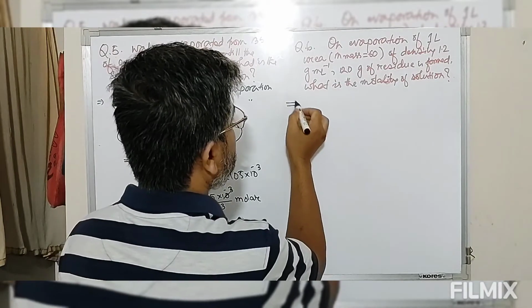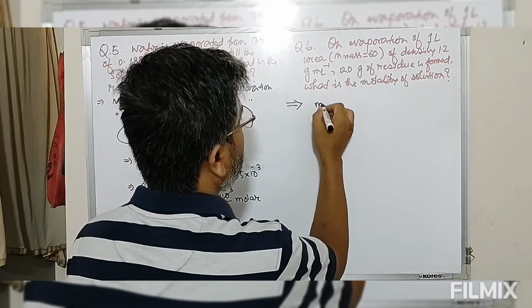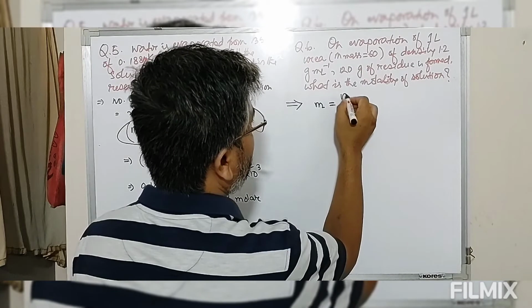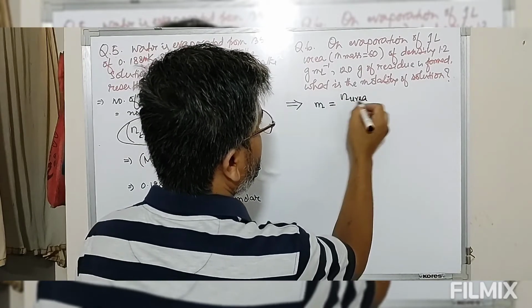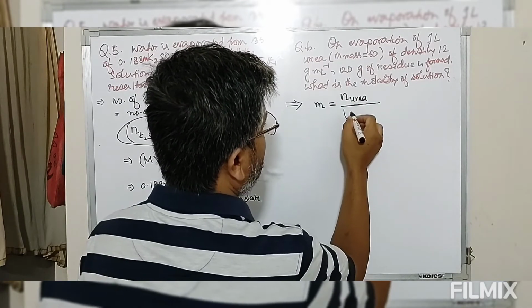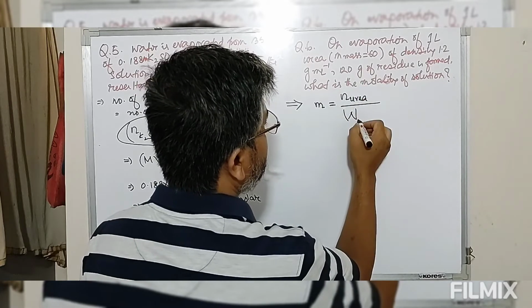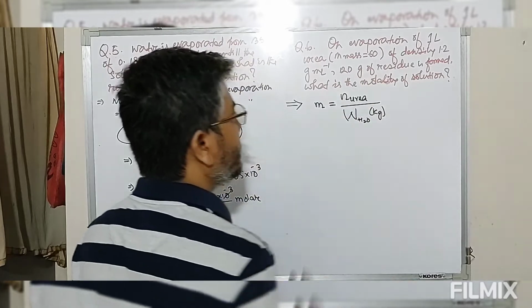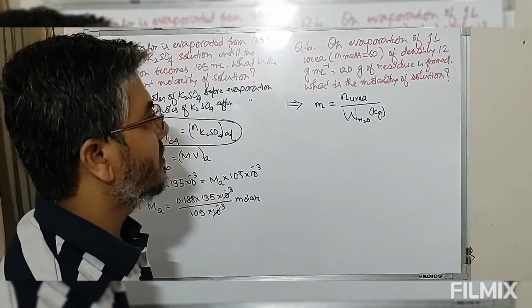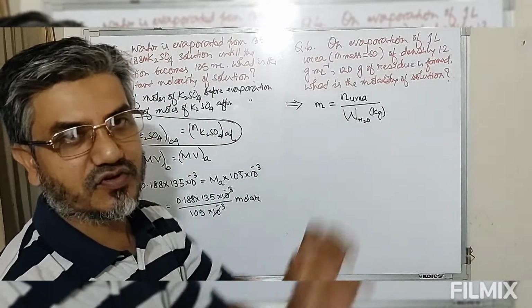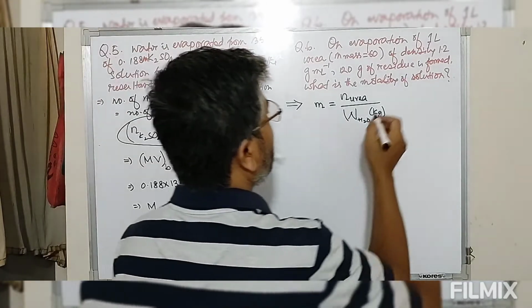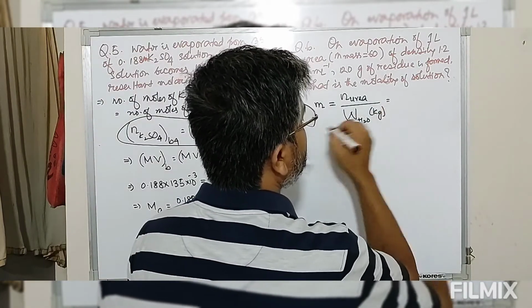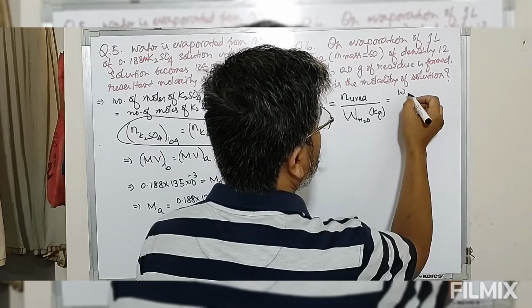The question says molarity, so we have molality defined as the number of moles of urea divided by the mass of solvent, this being an aqueous solution, the mass of water taken in terms of kilogram. The number of moles is mass divided by molar mass.